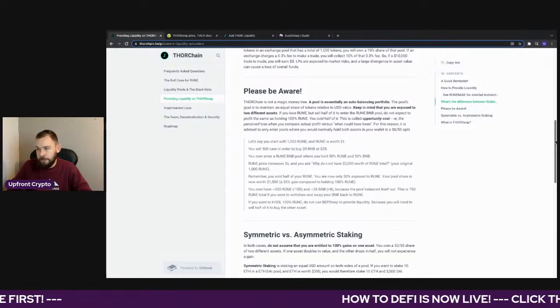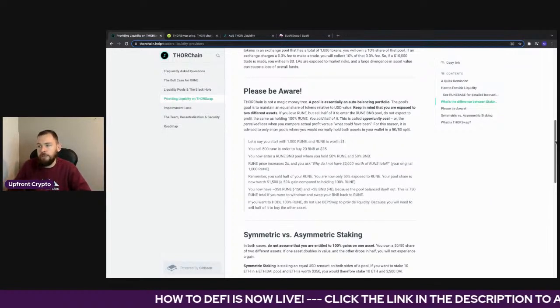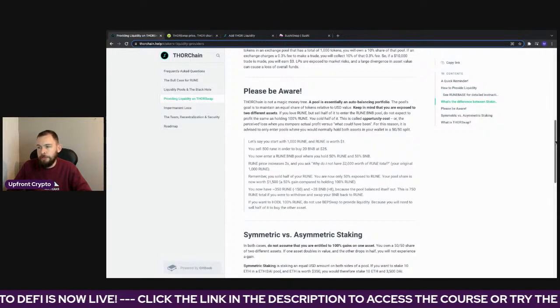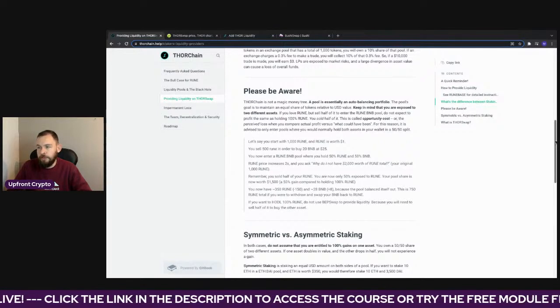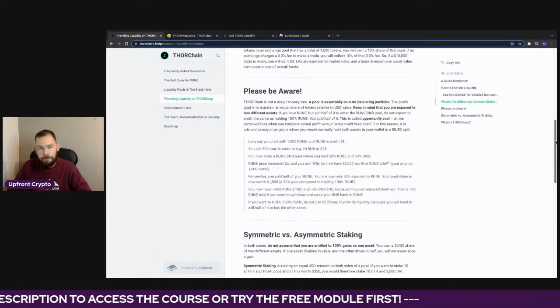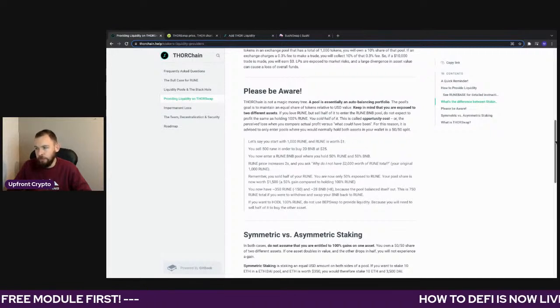So for example, let's say you start with 1,000 RUNE and RUNE is worth $1. If you sell 500 RUNE in order to buy 20 BNB at $25, you now enter a RUNE BNB pool where you hold 50% RUNE and 50% BNB. The RUNE price increases 2 times, and you ask, why do I not have $2,000 worth of RUNE?